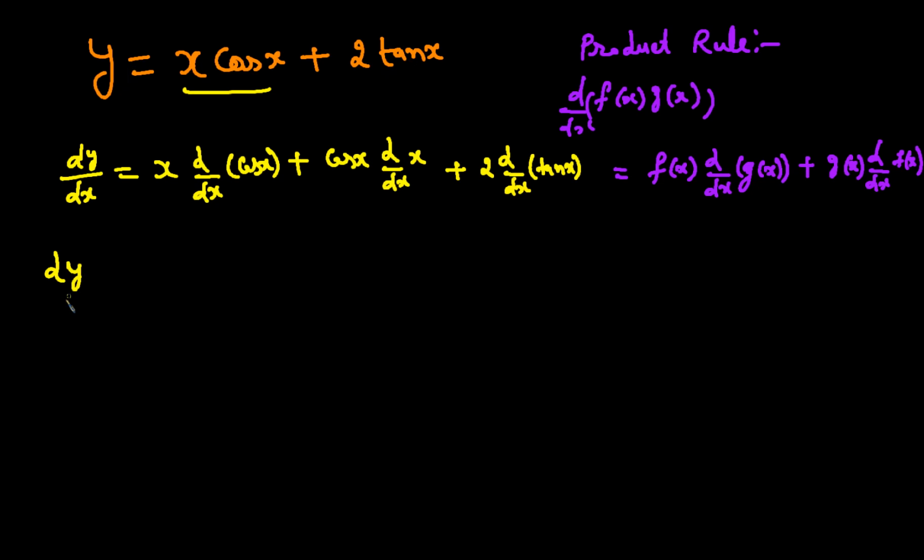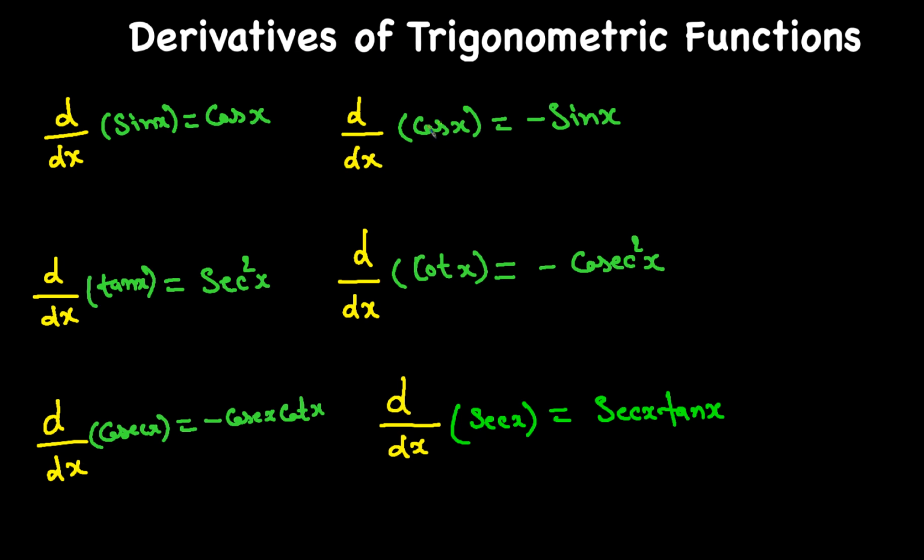So dy over dx is equal to x times, and the derivative of cosine is negative sine x. Let me show you again: for the standard function, the derivative of cosine x is negative sine x.